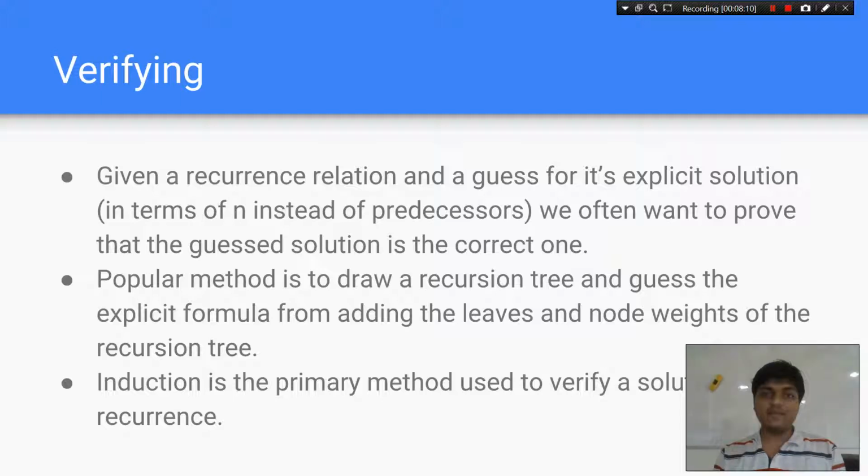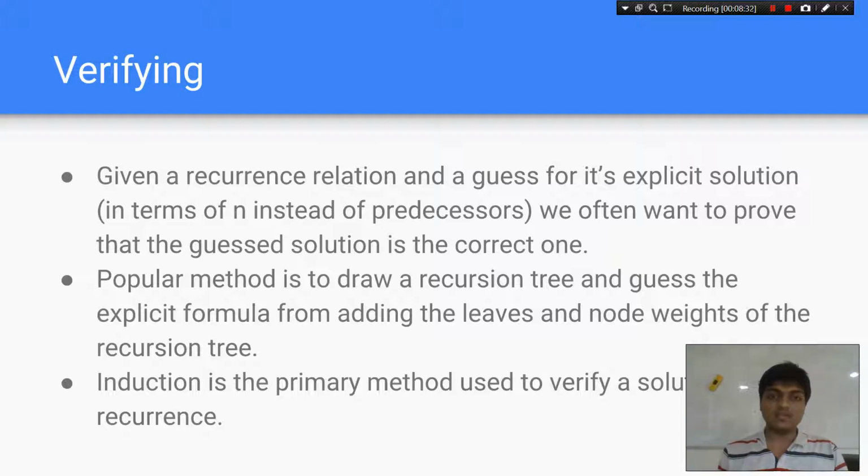So a very popular method is to draw a recursion tree and guess the explicit formula from the number of leaves which we are producing at every step, and the processing time needed for every node of the tree, okay? And the way we verify a solution to a recursion is using induction.